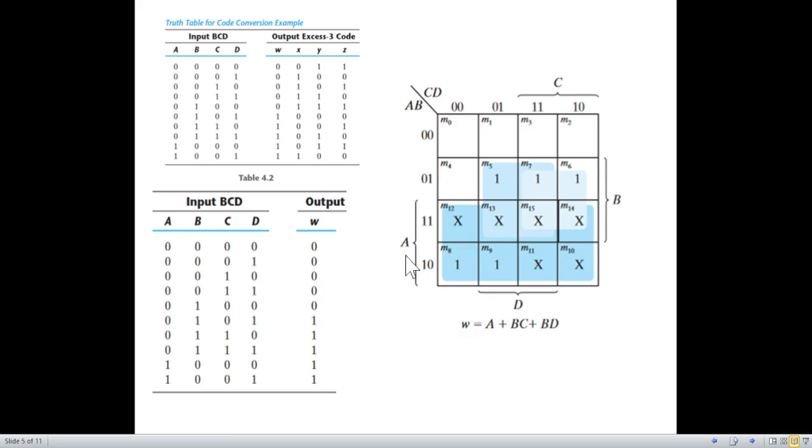To do that, this was our input and this is our desired output. For this, we'll take one of the outputs at a time. Let's say the W output, we have just copied it here, and we'll simplify this with the help of a K-map. I hope you have learned K-map.